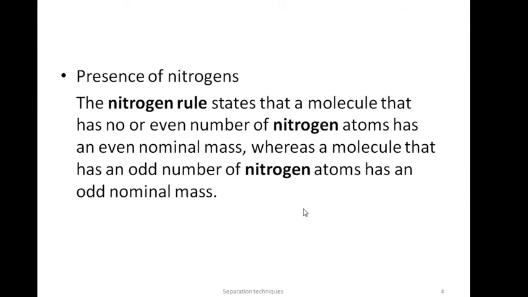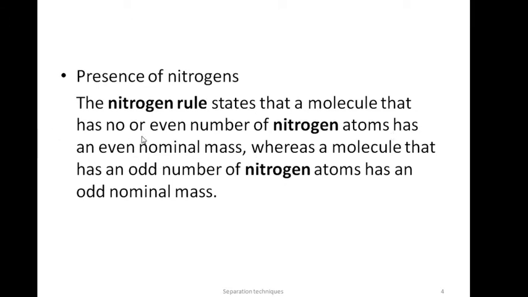Presence of nitrogens. How do you detect it? We have the famous nitrogen rule, which you have seen in mass spectrometry. The nitrogen rule states that a molecule that has no nitrogen or an even number of nitrogen atoms has an even nominal mass.